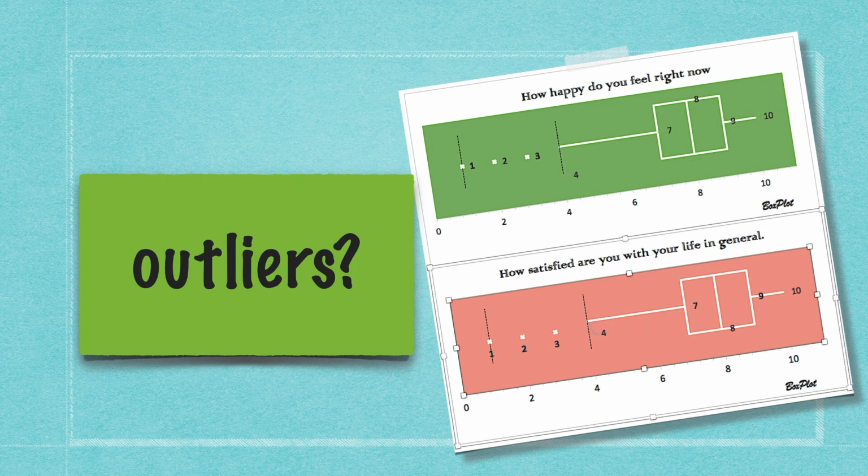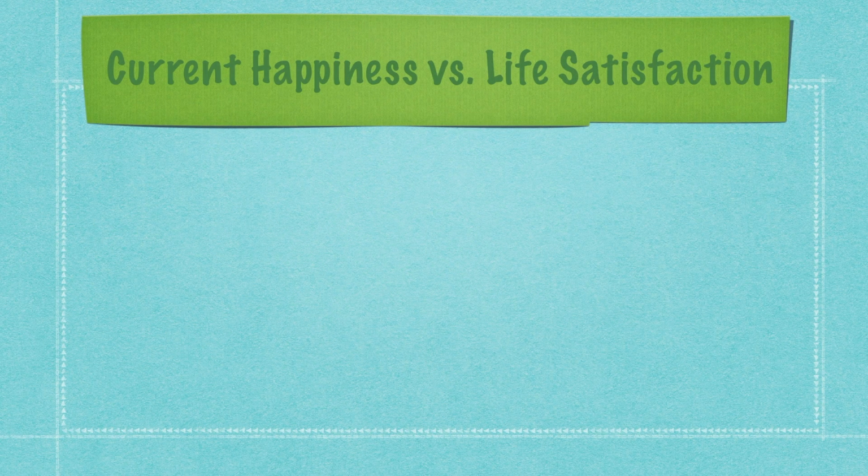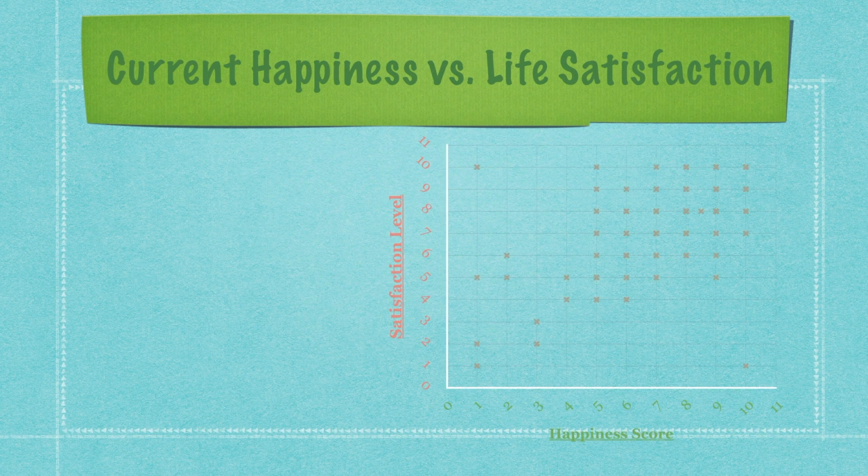As previously stated, my goal is to determine whether people feeling happy right now impacts their satisfaction with their life in general. I created a scatter plot with the happiness score, which is my explanatory variable, on the horizontal axis, and the life satisfaction level, which is my response variable, on the vertical axis.